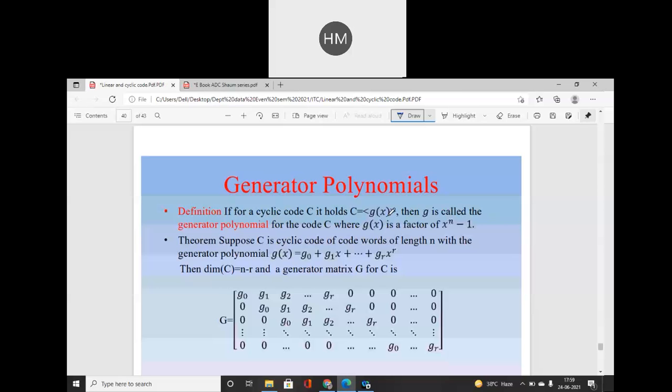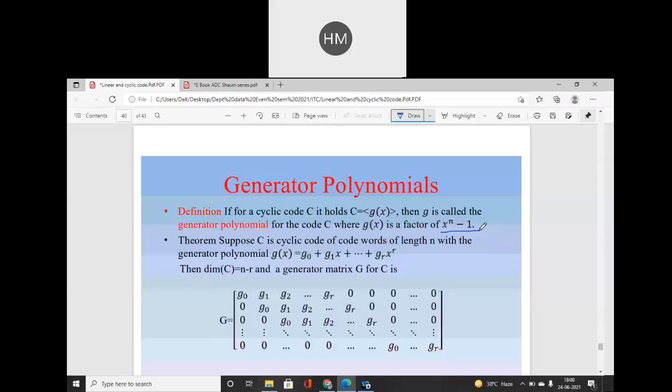So C is generated by G of X. Then G is called the generator polynomial for the code C, where G of X is a factor of X to the power n minus 1. How will I define G of X? By writing that it is produced from the factors of X to the power n minus 1. So G of X is a generator polynomial which can be found from the factors of X to the power n minus 1. Okay, write down the next theorem.